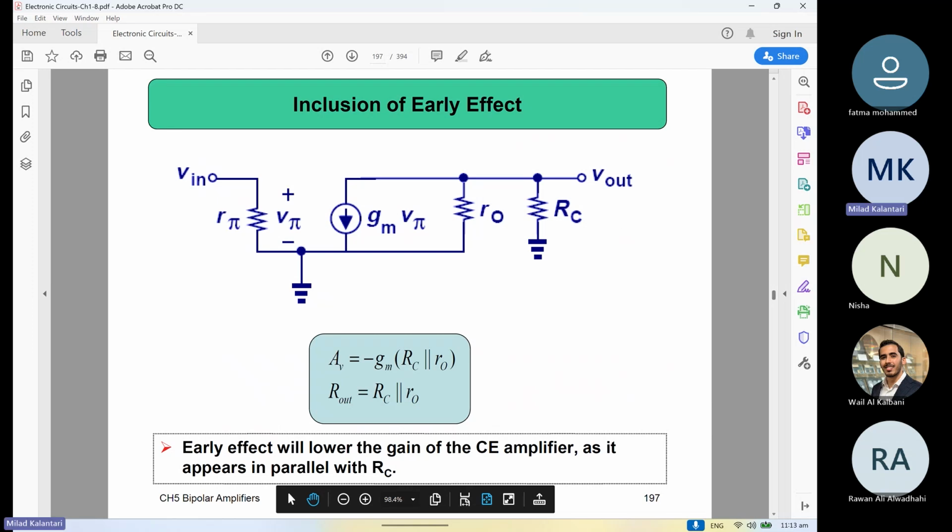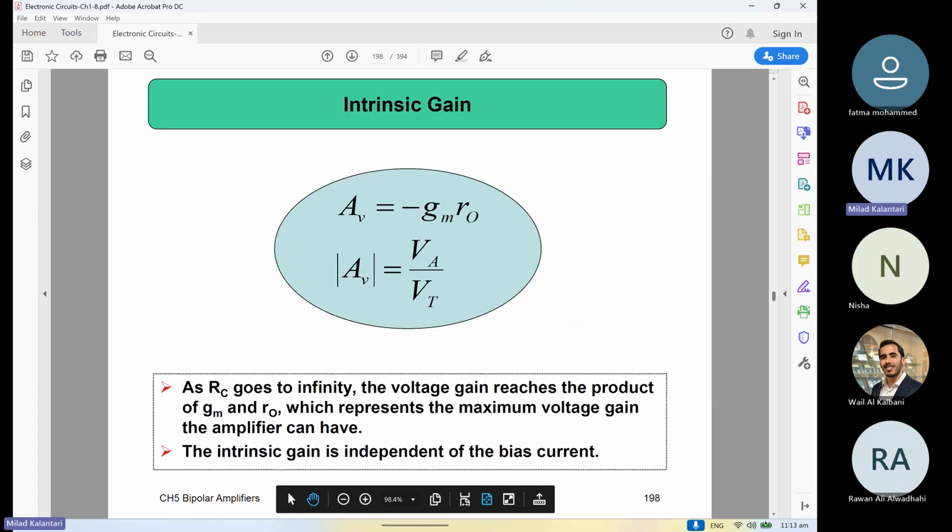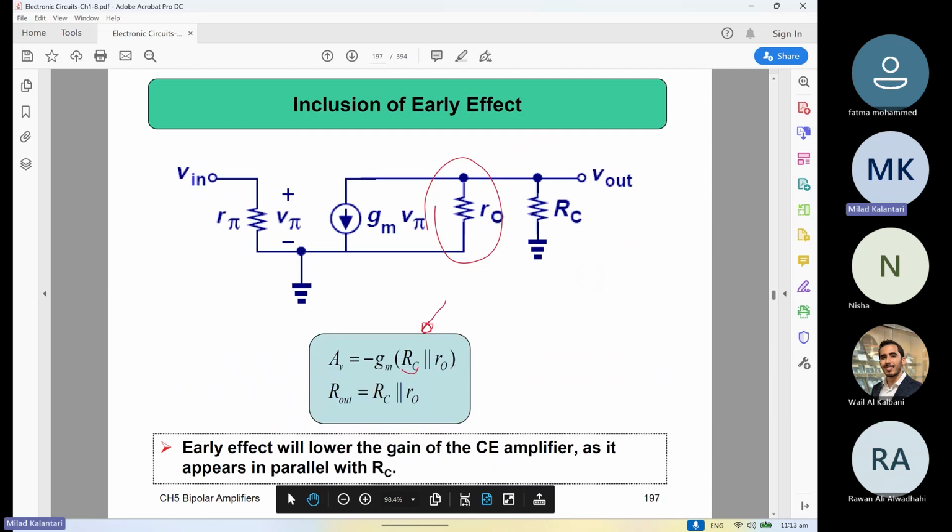So here we are trying to take the R out of the device into account. So the total impedance at the output, the gain will be like this. Before it was only RC, now RC is in parallel with RO, right? Nothing else changed. So in fact, here we are trying to say, what if there is another limit for the gain?